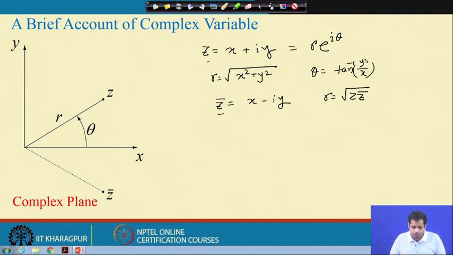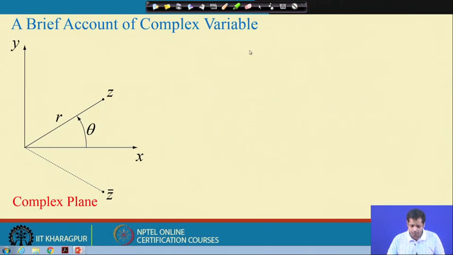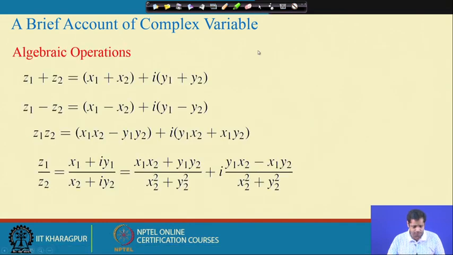Now, some algebraic operations between complex variables: if z1 = x1 + iy1 and z2 = x2 + iy2, then the addition z1 + z2 is (x1 + x2) + i(y1 + y2). The real parts are added together separately, and the imaginary parts separately. We already know these algebraic operations.